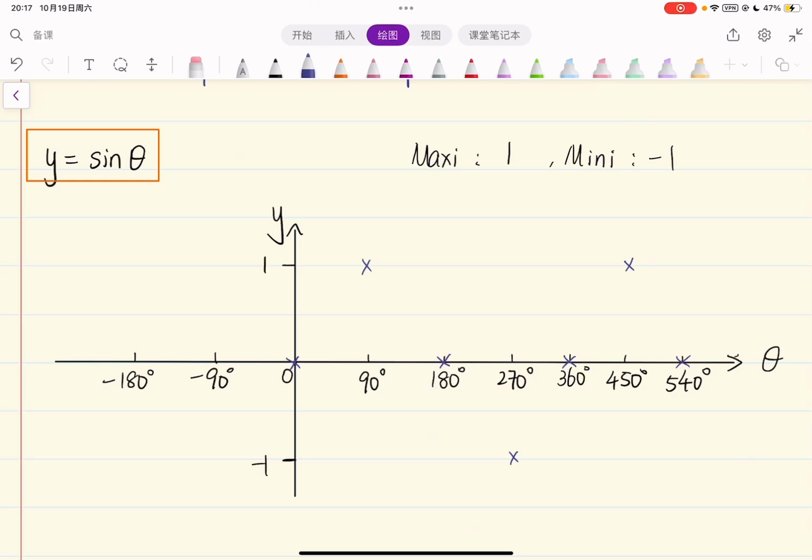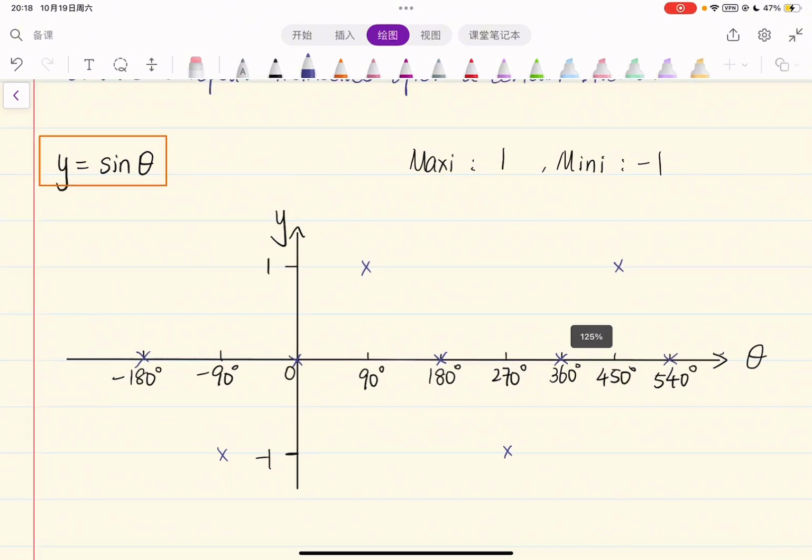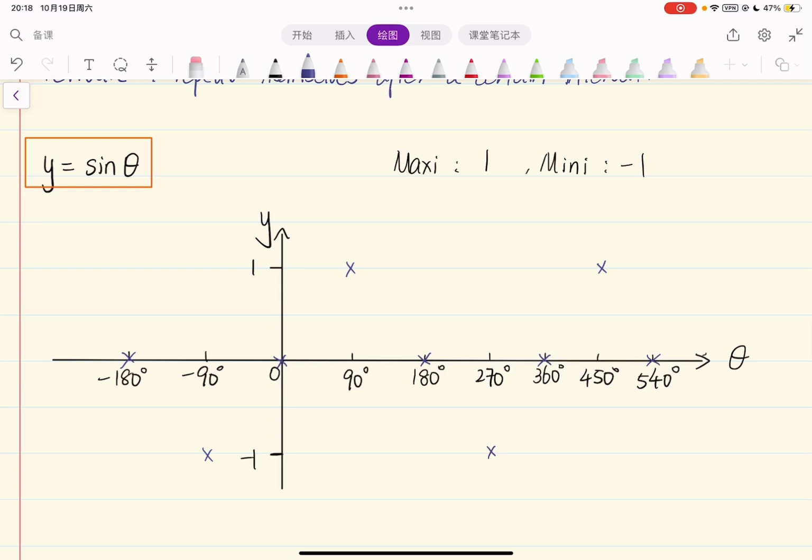For minus 90, that equals minus 1. For minus 180, that is 0. So we can see it is a kind of wave, the sine graph.